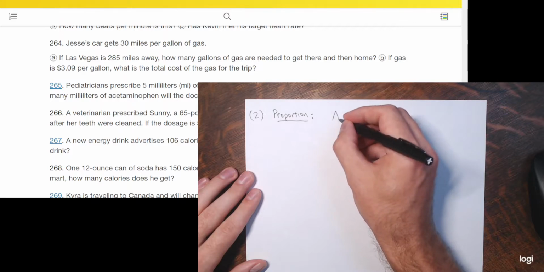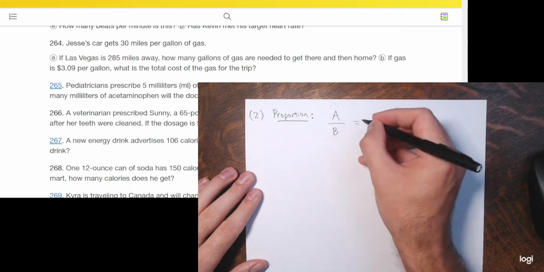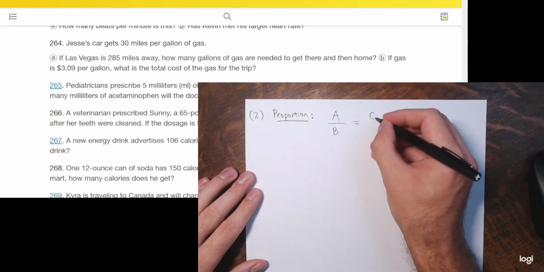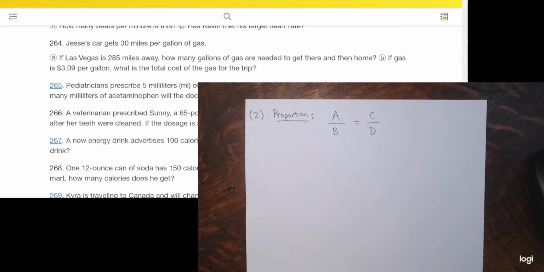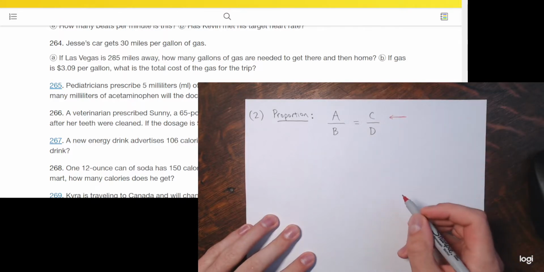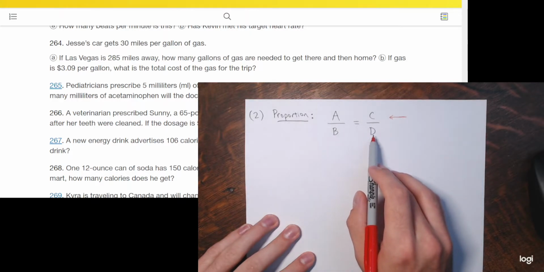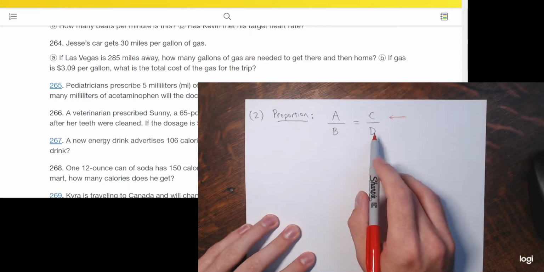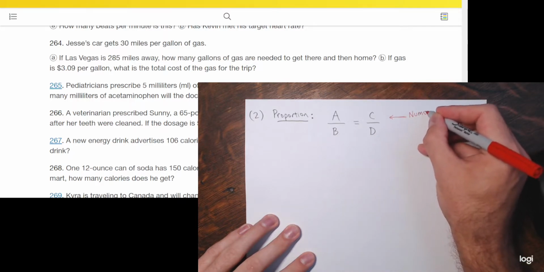It's just a ratio, so A over B equal to another ratio, another fraction, C over D. Now, the key to setting up a proper proportion is the units you're using. If I set two ratios equivalent to one another, or two rates, the numerator units should be the same.